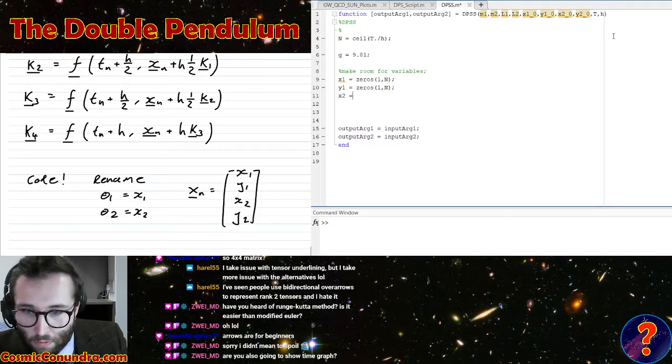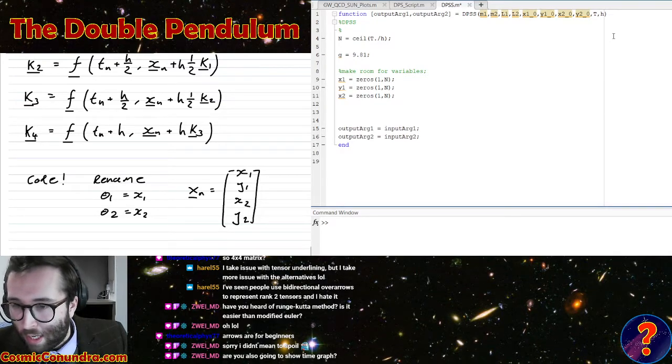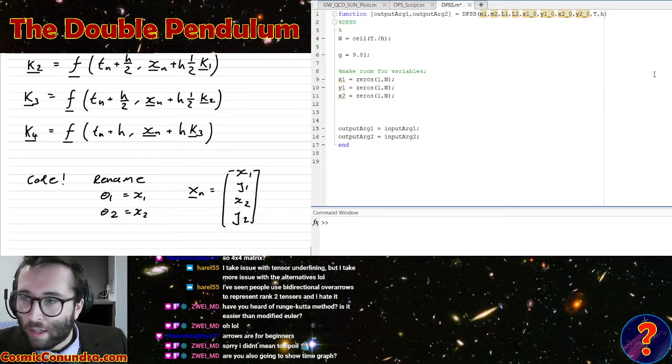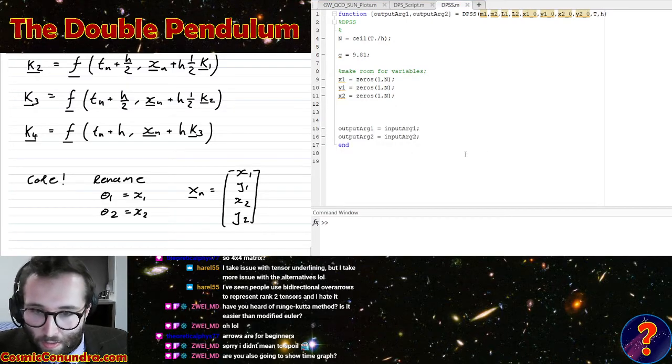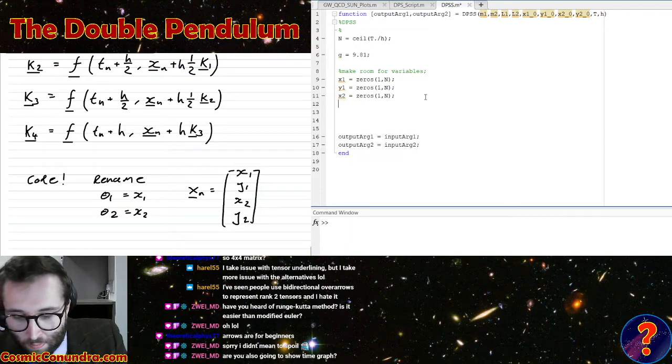The same for theta2, or as I've called it, x2. This is just so when I create a loop that will iteratively assign a value to each one of these x's and y's at different time grid points, the system has enough room to deal with it. So it's made enough space to do it. And I do the same thing with y2. Okay.